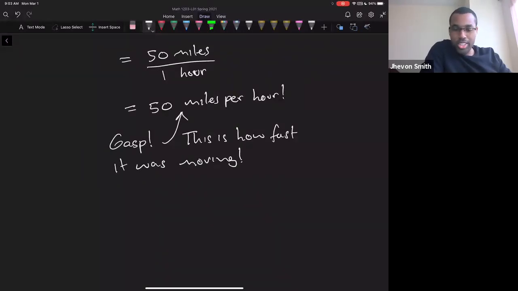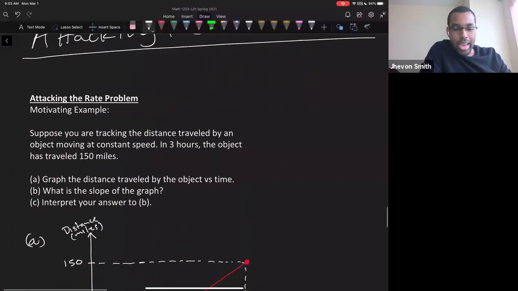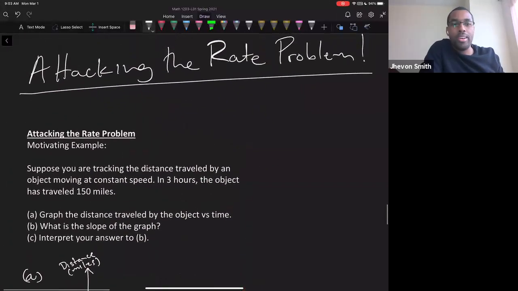Quite interesting. So now, in the event that we have an object moving at constant speed, I know how to figure out how fast it's moving. Just watch it for a while and track what distance it covered over that time. Divide one by the other, that's how fast you were moving, okay? So that's the simple idealistic case.